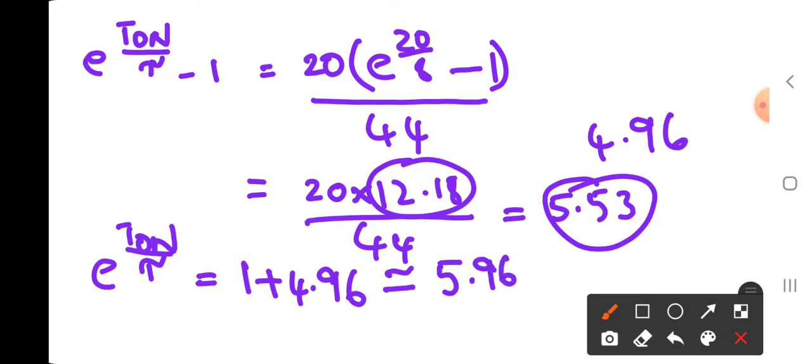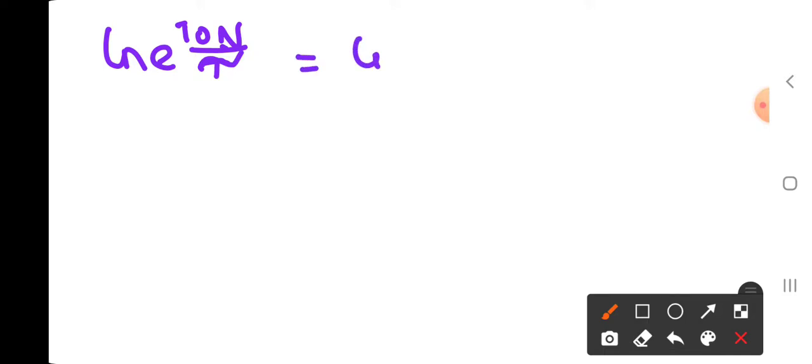Okay, and therefore what is T on by tau? If you take ln on both sides, ln of e power T on by tau is equal to ln of 5.96. Yes, ln of 5.96 is 1.78.